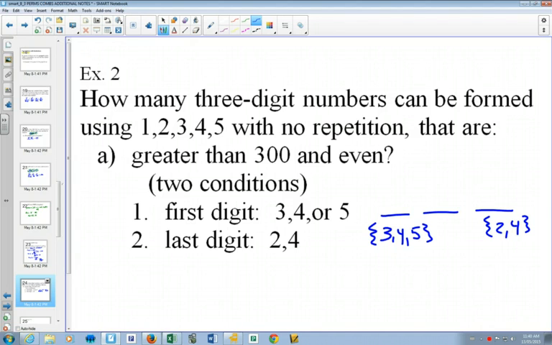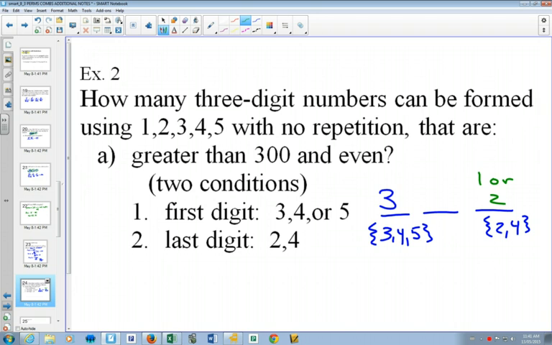Well, if I say I have 3 choices here, how many choices do I have for my last space? 1 or 2. It's a problem that I can't put a number in there because sometimes it'll be 1 when I choose the 4, and other times it'll be 2 if I chose the 3 or the 5.